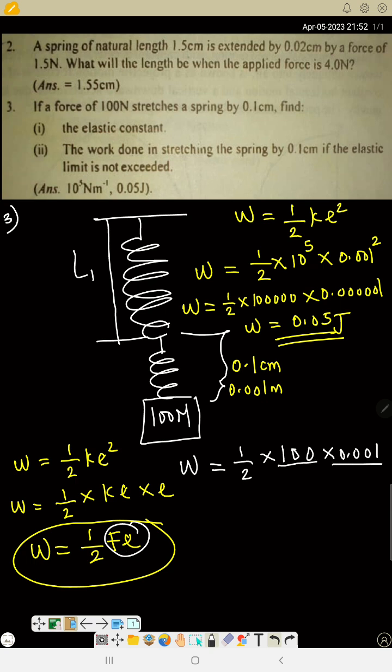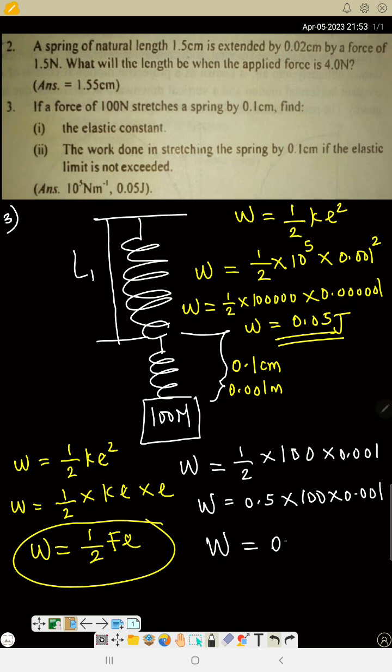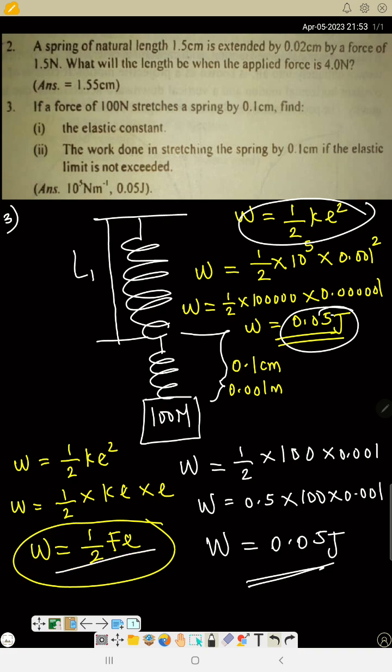F is 100, e is 0.001 meter, because we'll convert. So now press your calculator. So work done equals 0.5 times 100 times 0.001. So that is 0.05 joule, which is still the same result. So either you use half ke squared or half Fe, you get the same results.